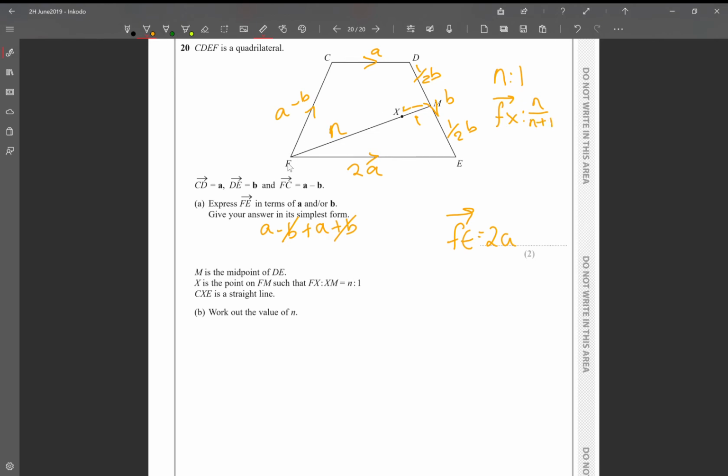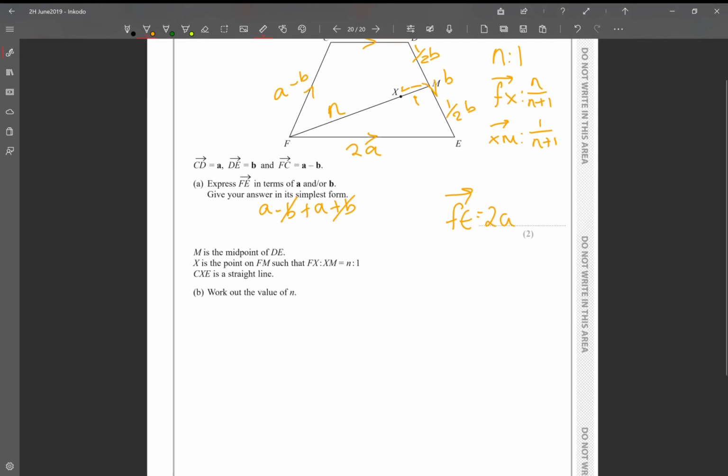Remember, normally if this was 2 and that was 1, the total underneath would be 2 plus 1, which is 3, and then 2 out of that. So that's a little heads up on this. I think this is going to be quite a difficult one. And then X to M is just going to be 1 out of that same total. I'm just going to put that there as a side note, and we probably need that for this question.